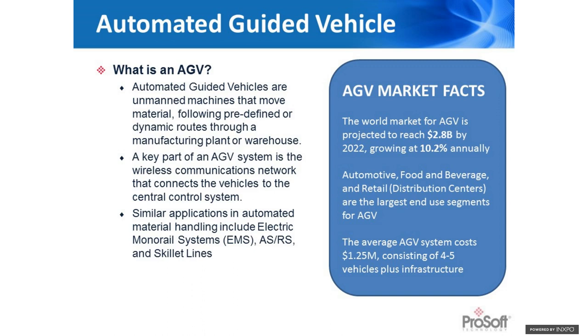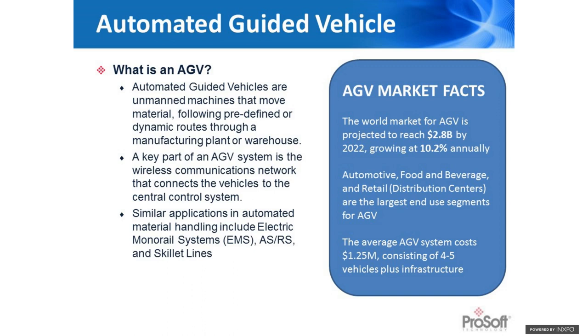They're very similar in terms of the communication aspect to these other material handling systems I mentioned, like EMS or automated storage retrieval and that kind of thing. What's very interesting about the automated guided vehicle market and automated material handling overall is the amount of growth that we see in these applications.